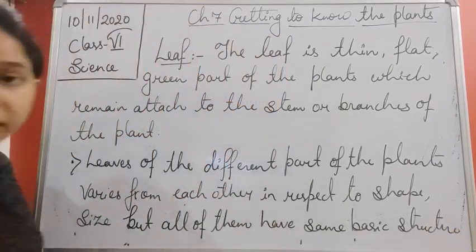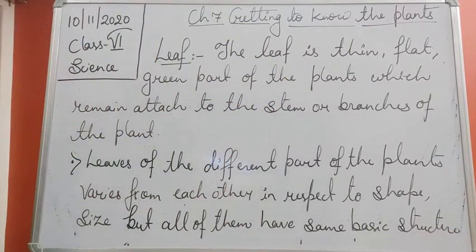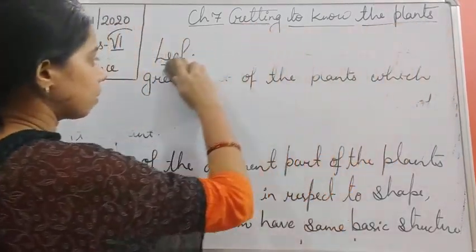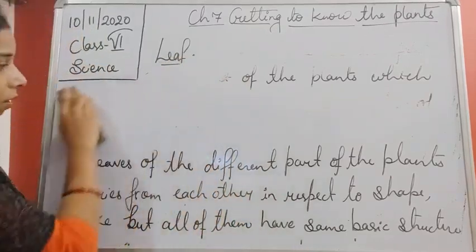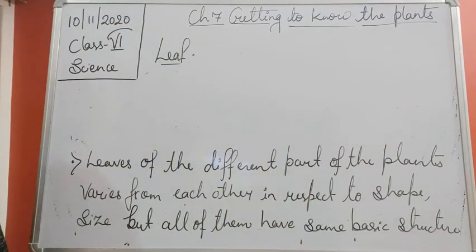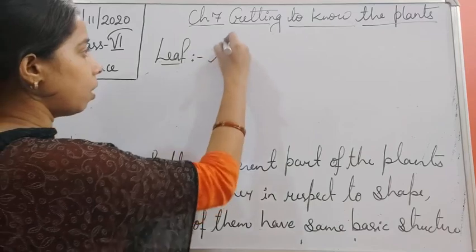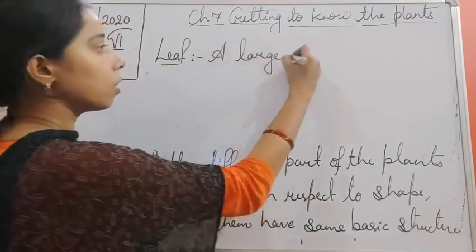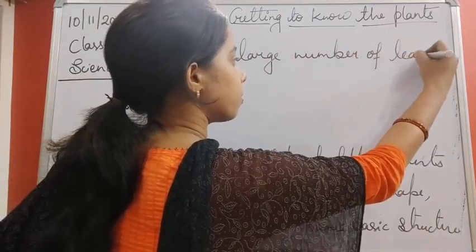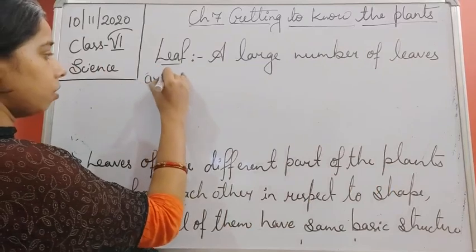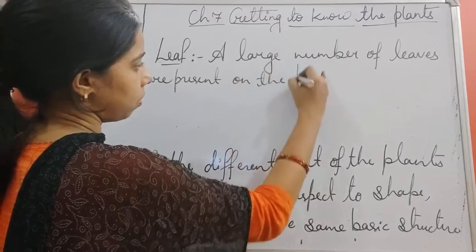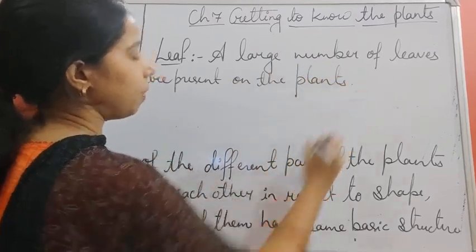Although there is not just one leaf, a large number of leaves are present on the plants.